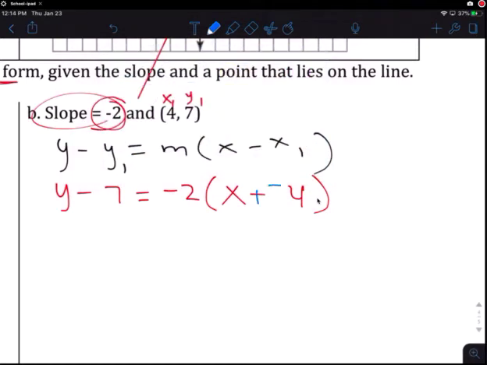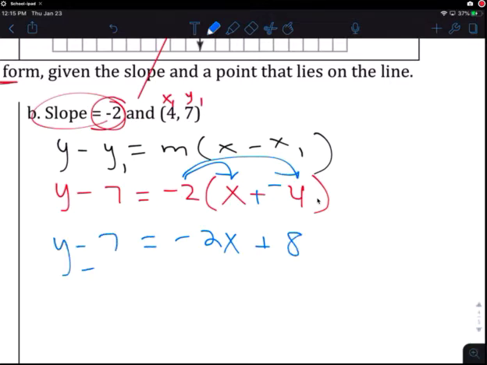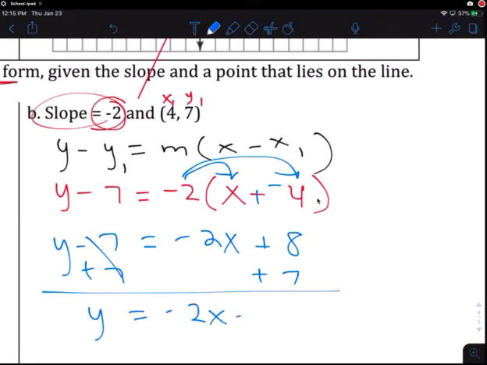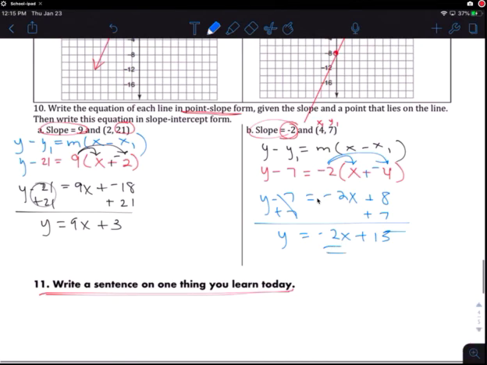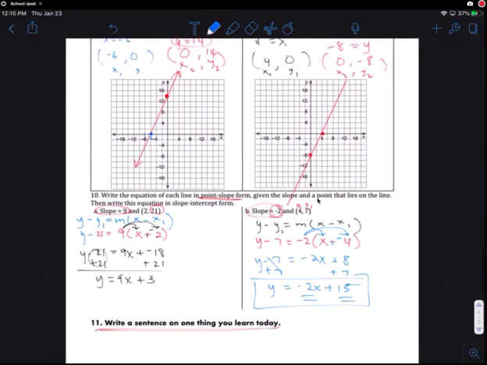Distribute, negative 2x plus 8. y minus 7. Add 7. y equals negative 2x plus 15. Now it's in slope-intercept form. Remember to write 2 things you learned today.